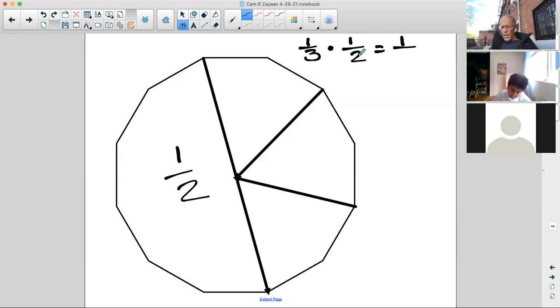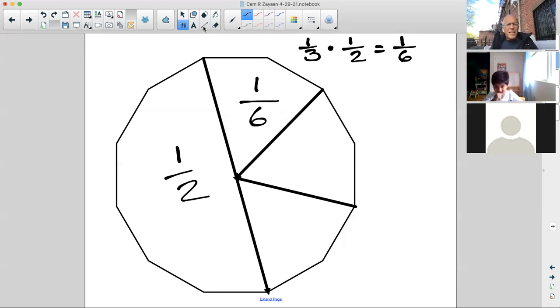Can you multiply 3 times 2? 3 times 2 is equal to 6. So this fraction is what? 1/6.